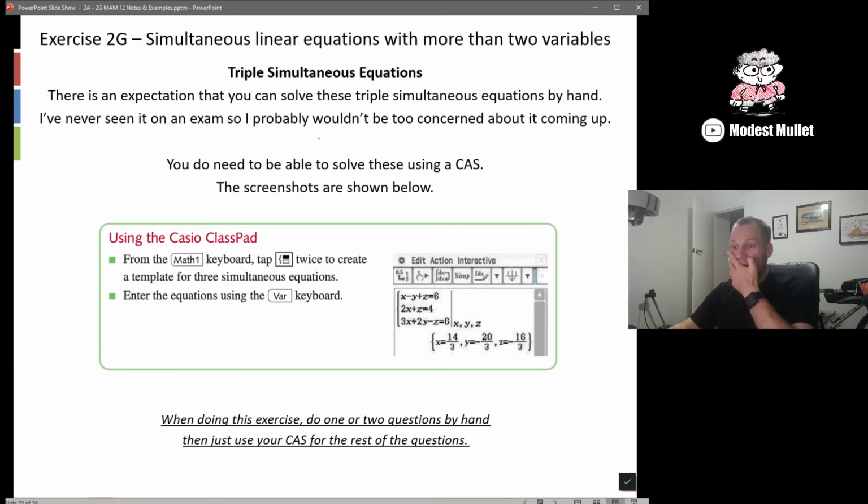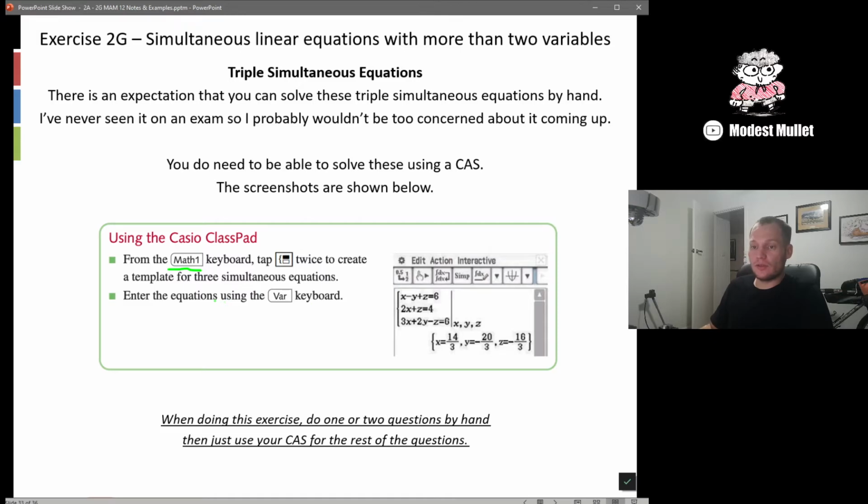Here's how you do it on your CAS. From the Math 1 keyboard, just like with matrices, this is our multiple equation, or the simultaneous equation function within the calculator. It normally only gives you 2 simultaneous equations. Tap it again, and it'll add another row to it, and you get 3, and you can enter it all in.